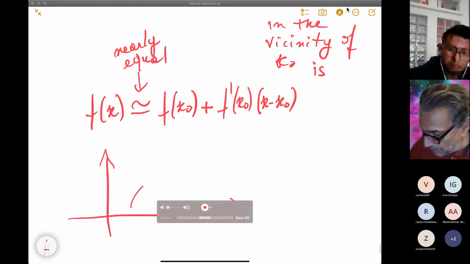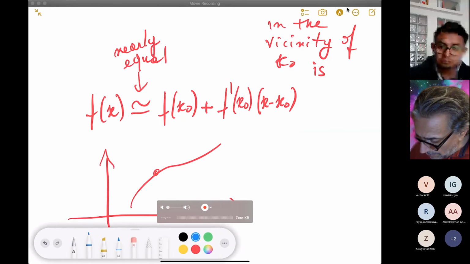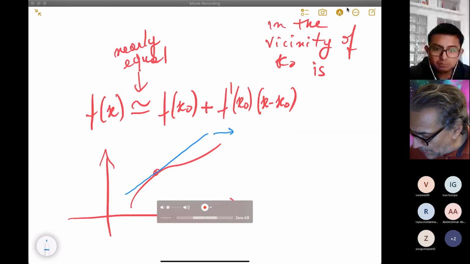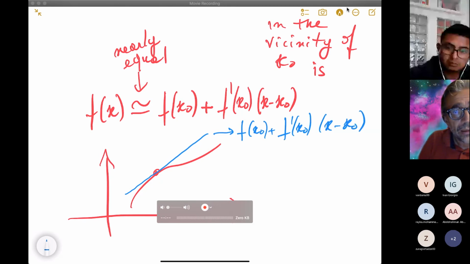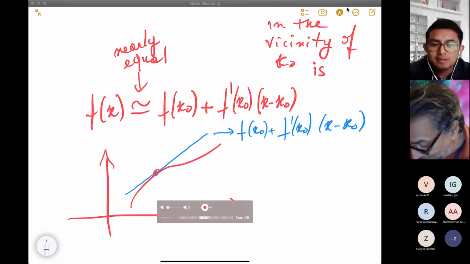So if this is your plot, this straight line has equation f of x0 plus f prime of x0 times x minus x0. You agree, Bruno? Plus, yes, Professor.